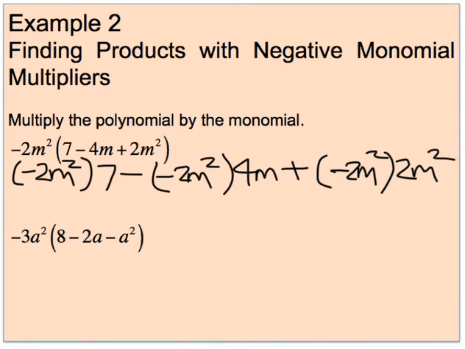So now that we've completed the distributive property, we're just going to multiply the terms out. We have negative 2 times positive 7, that's going to give us negative 14m squared. We have a minus sign, but then we have negative 2 times positive 4, so that's going to give us minus negative 8, which gives us a positive, so plus 8. We have m squared times m, so that's going to give us m to the third.